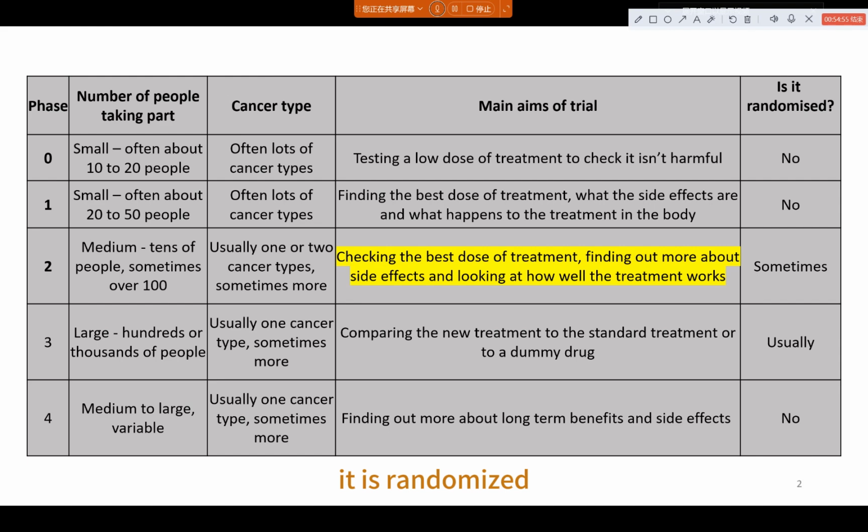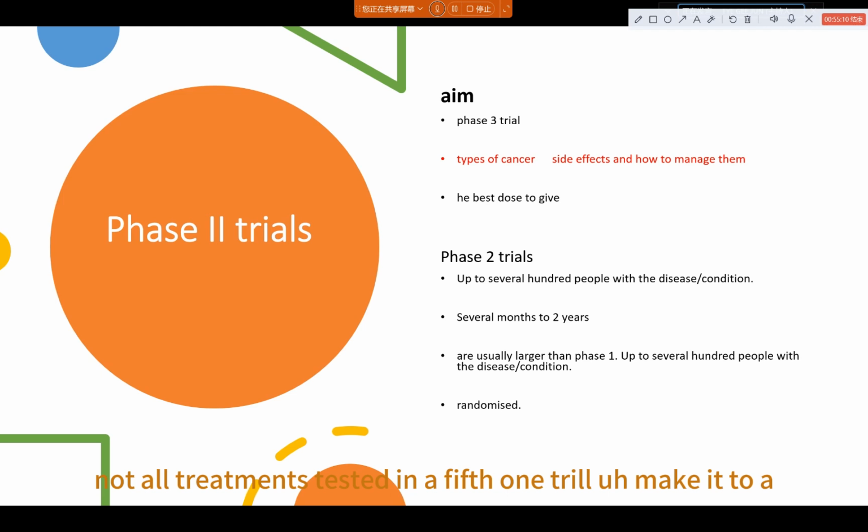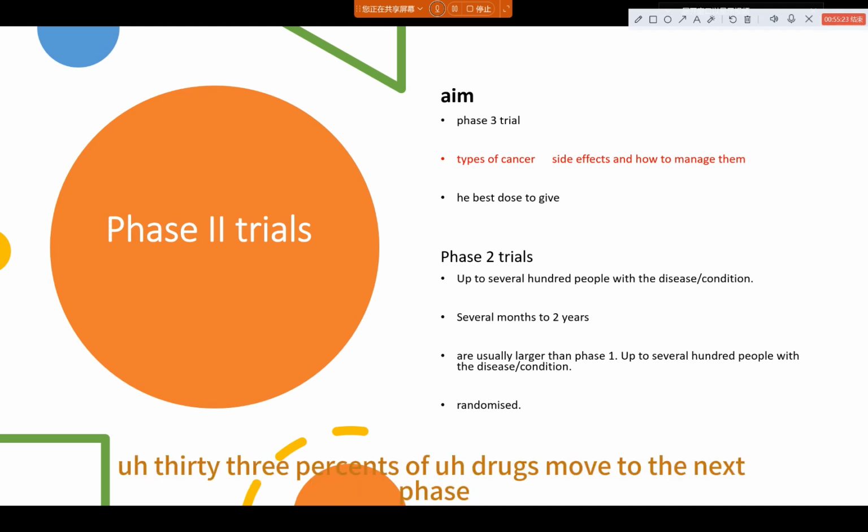Sometimes it is randomized. Not all treatments tested in a phase 1 trial make it to a phase 2 trial, and about 33% of drugs move to the next phase.